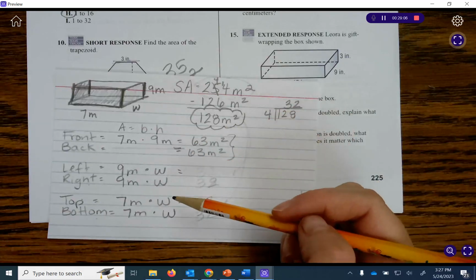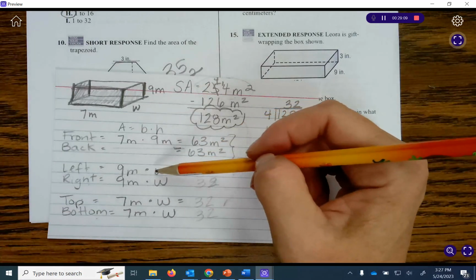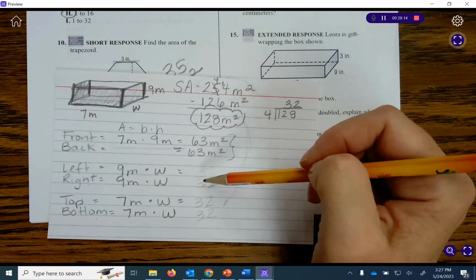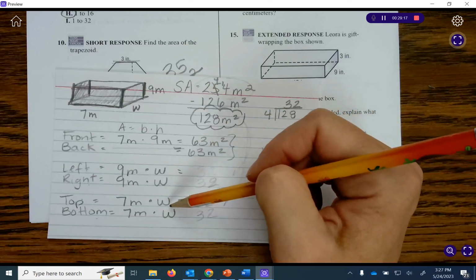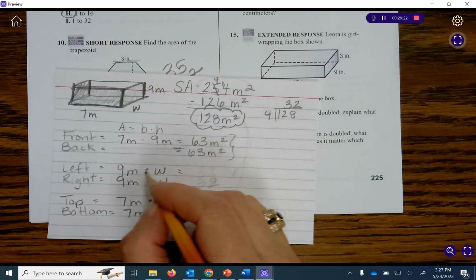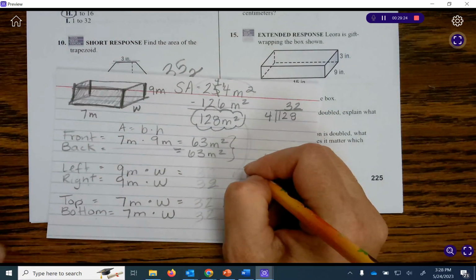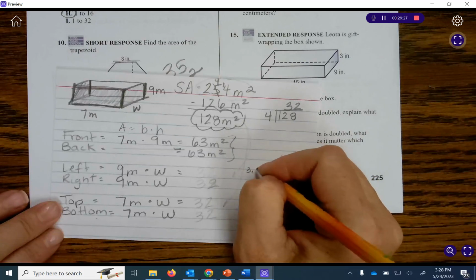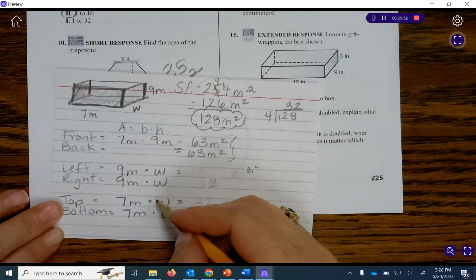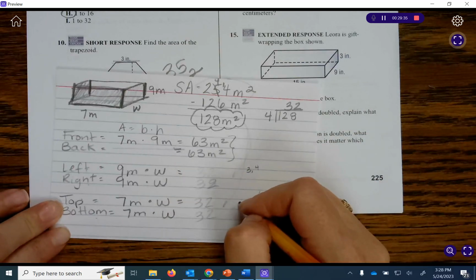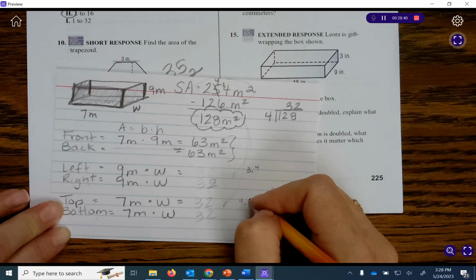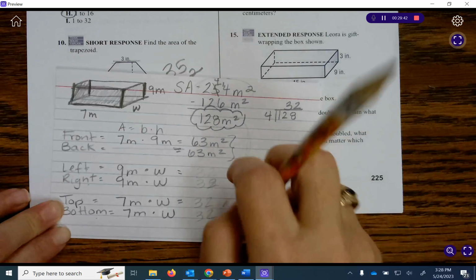So in my mind, I'm going to be thinking, what times 9 will give me an answer around 32? It could be a little more, it could be a little less. For 7, it could be a little more, it could be a little less. Okay, so I'm thinking here, 9 times 3 is 27. 9 times 4 is 36. Here I'm thinking 7 times 4 is 28. 7 times 5 is 35.